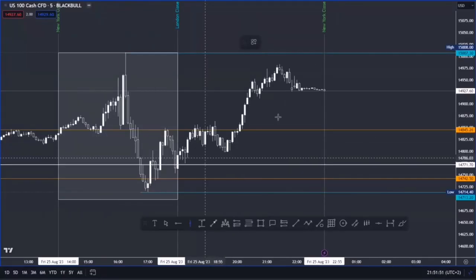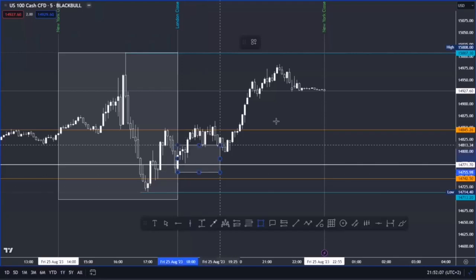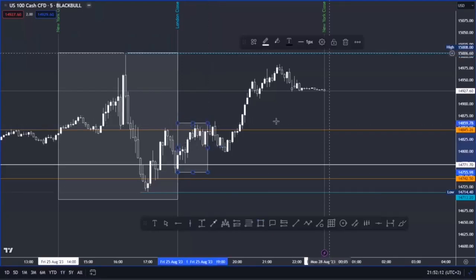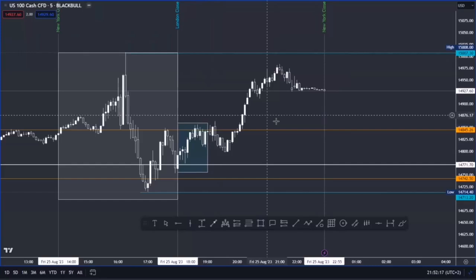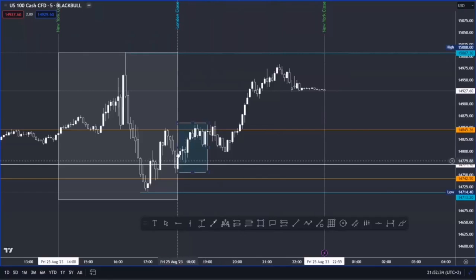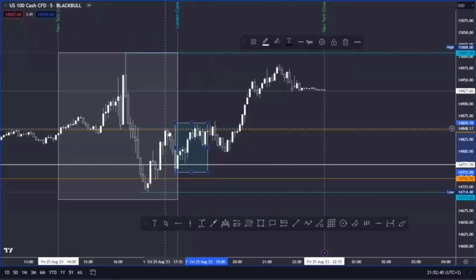Now, here's one thing I want you guys to understand. Towards the New York lunch, the market will do 3 things. Towards the New York lunch, which is over here, the market will look at reversing, as it came into an order block just on the New York lunch.